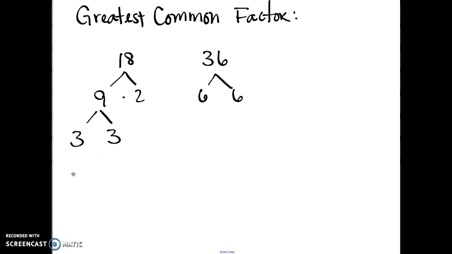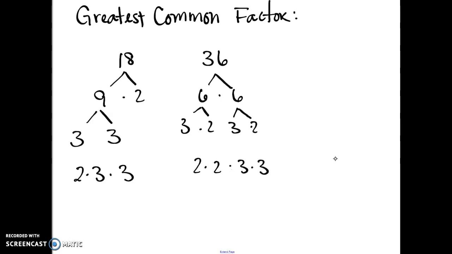So I could rewrite 18 as 2 times 3 times 3. 36 I know I could write as 6 times 6, but each of these 6's I can break down into 3 times 2. So I could rewrite 36 as 2 times 2 times 3 times 3. So I could rewrite each of these as just a set of factors. And these are all prime factors. I can't make them any smaller.